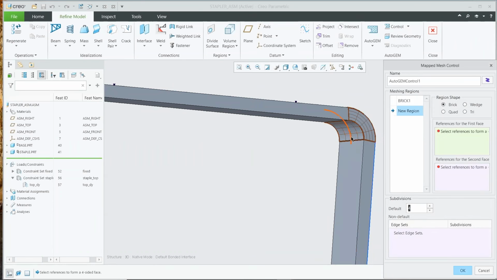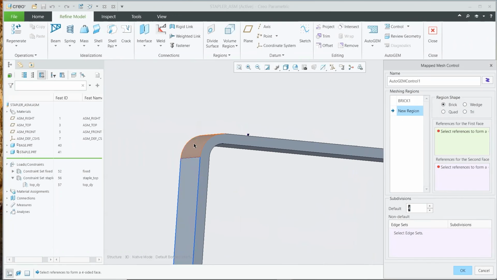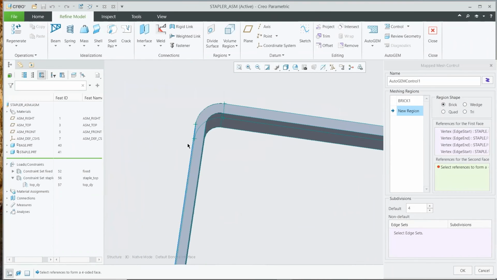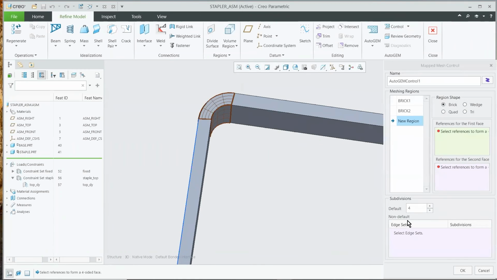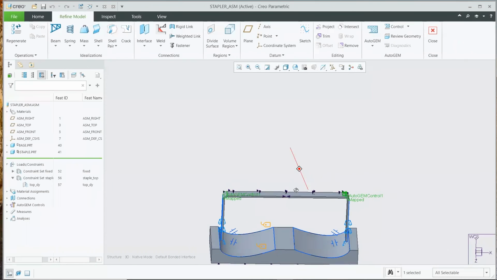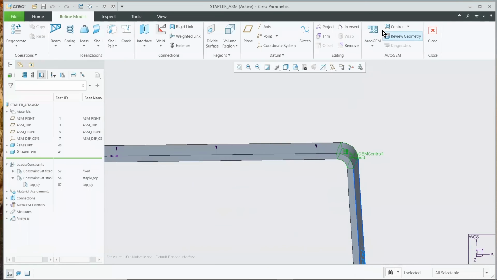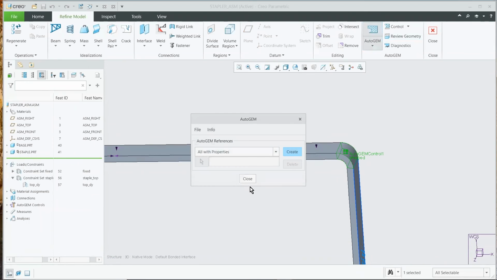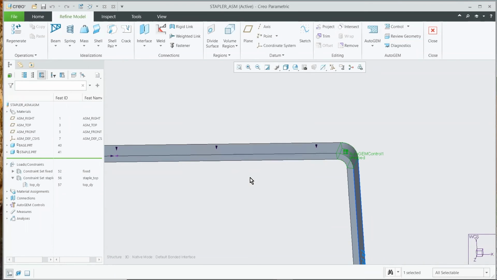So 4 elements across and 4 through the thickness. And I can do the same on this side too. I'm going to pick this guy and the inside there, and the same thing, right? So now we've got a little bit more definition that we can derive from this. And again, if I say AutoGem just to mesh this, we can take a look at the elements.